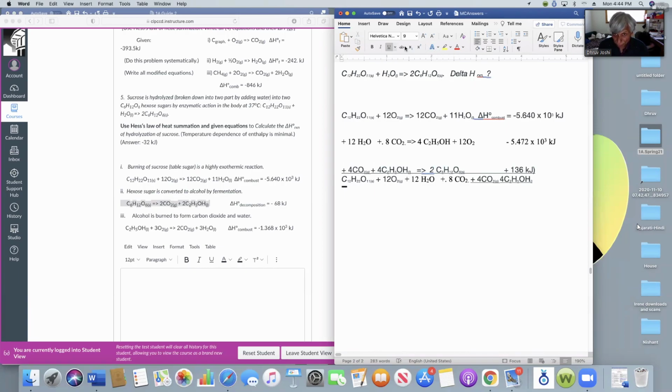That's the reactant. So what's going on here? I see. What's the problem here? Leave it alone.